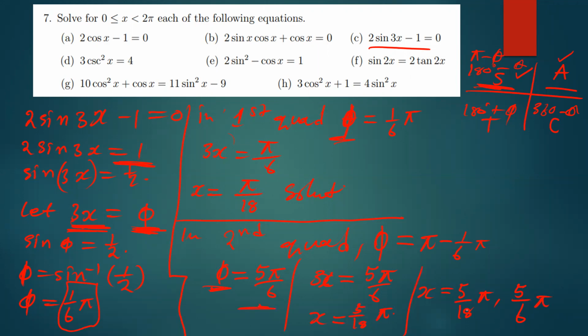When writing these final solutions, you always have to make sure that the answers you are writing are all in the given domain, rather the given interval. You have to make sure that everything you found is within that interval. And this is what I found here.